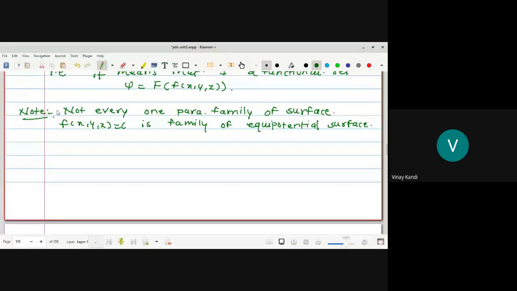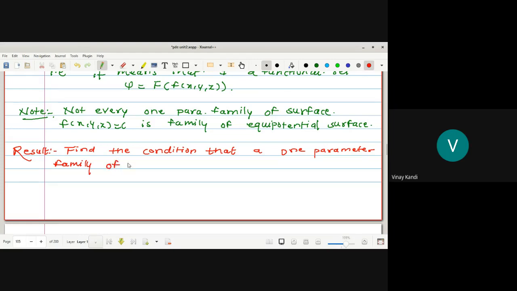Now one result is there. Look at the result. Find the condition that the one parameter family of surface forms a family of equipotential surfaces.